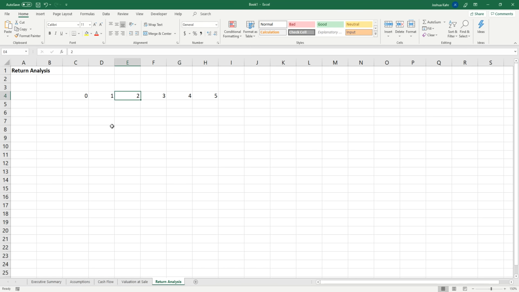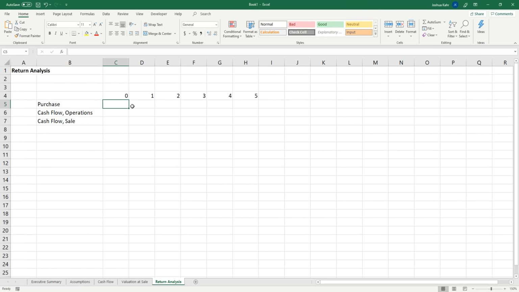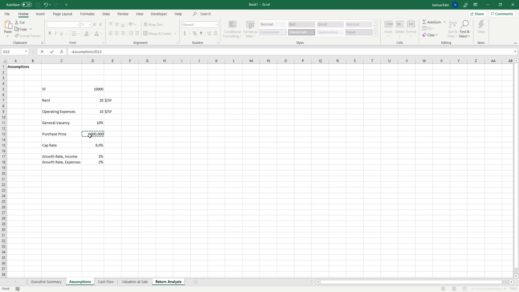So if we're saying year 0 to year 5, year 0 being when you bought it, we've got the purchase, we've got cash flow, and we'll call that cash flow from operations, and I'll call this cash flow sale. And again, it'll get worse, don't worry. The purchase price would be $1 million.